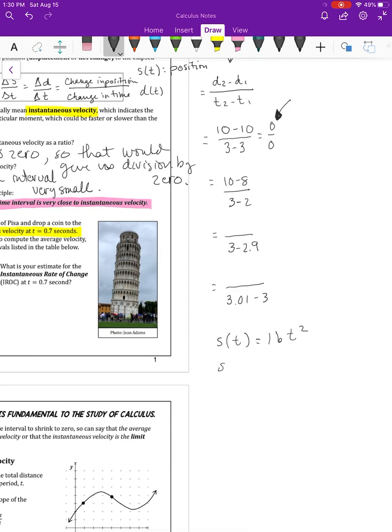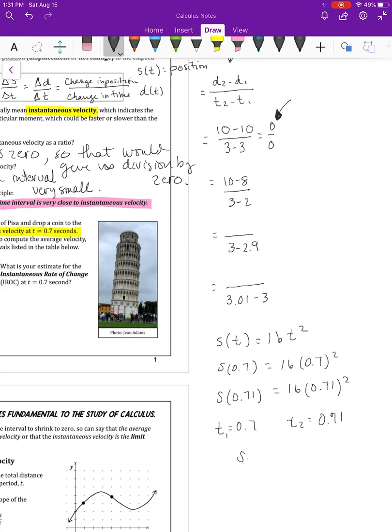So our S of 0.7 is going to be 16 times 0.7 squared, and our S of 0.71 is going to be 16 times 0.71 squared. This 0.7 is our first t, and 0.71 is our second t.